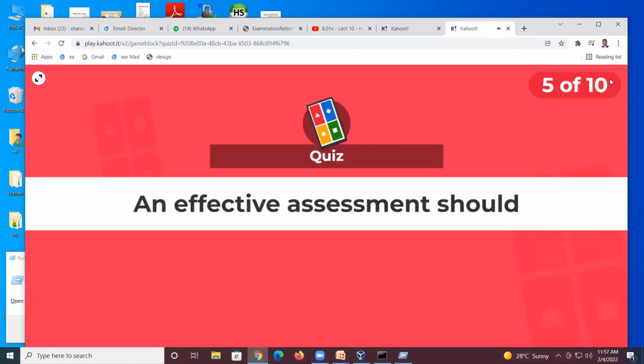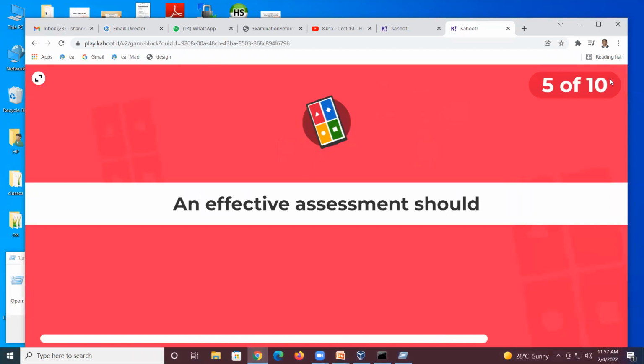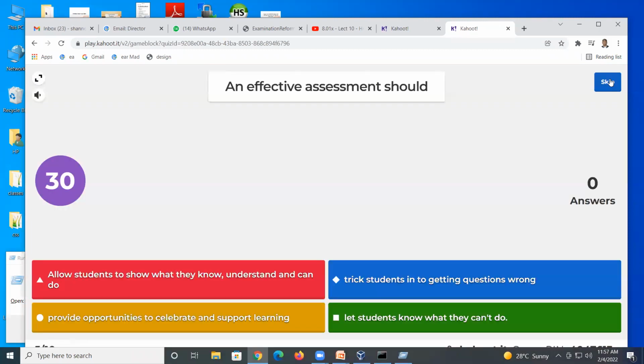There is up and down among the participants. An effective assessment should allow students to show what they know, understand and can do; provide an opportunity to celebrate and support the learning; trick the student to get the questions wrong; or let the student know what they cannot do.